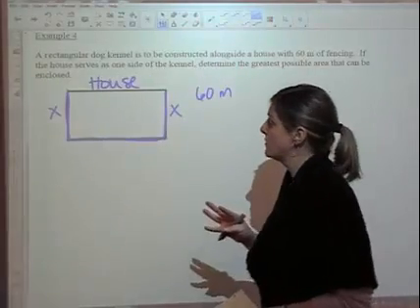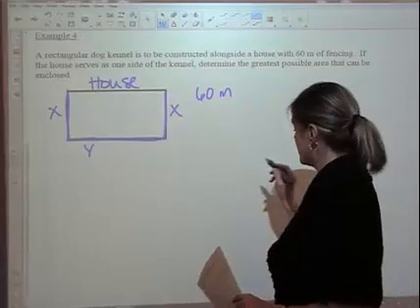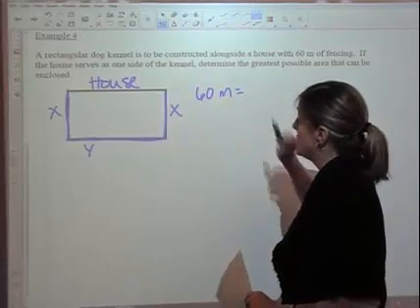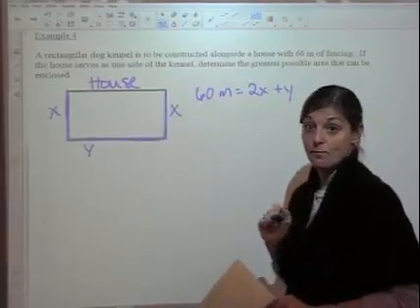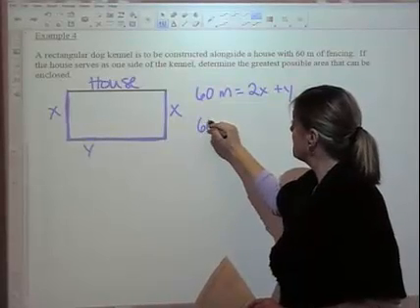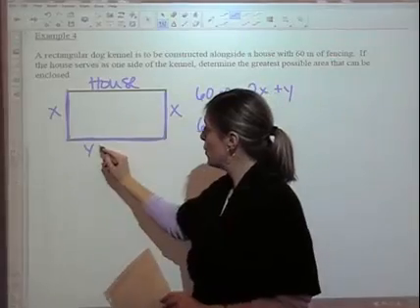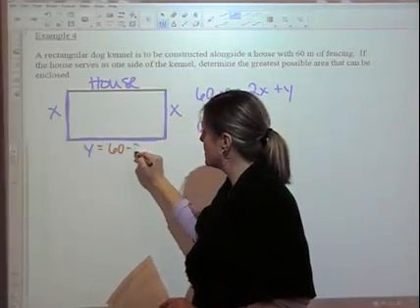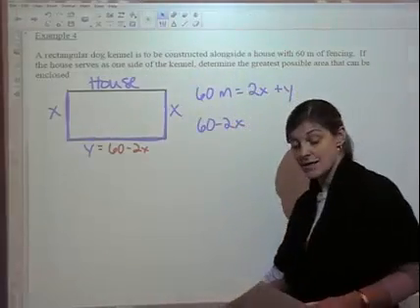And we can just say that this is y. So we know that that 60 meters is equal to 2x plus y, right? Well, if we get y by itself, we have 60 minus 2x. So we really could replace this y with 60 minus 2x. And now we have everything in terms of x.